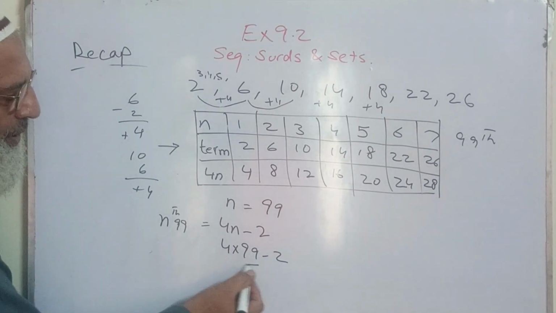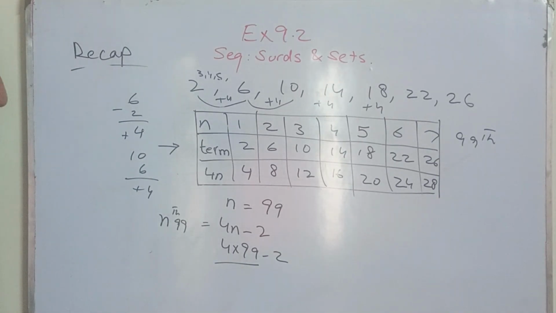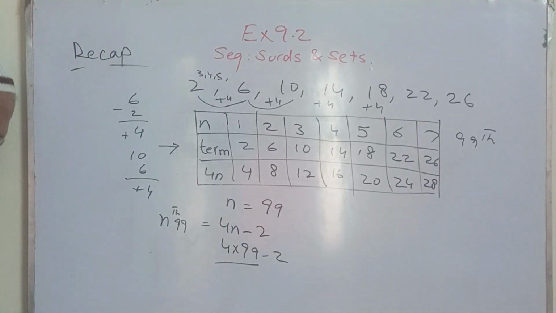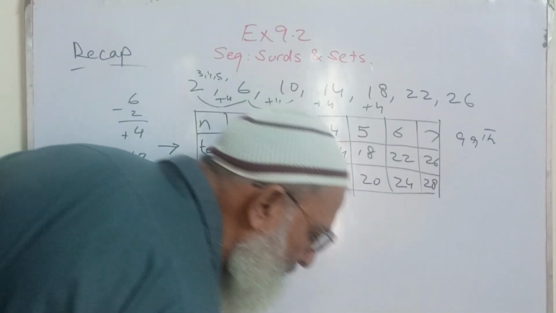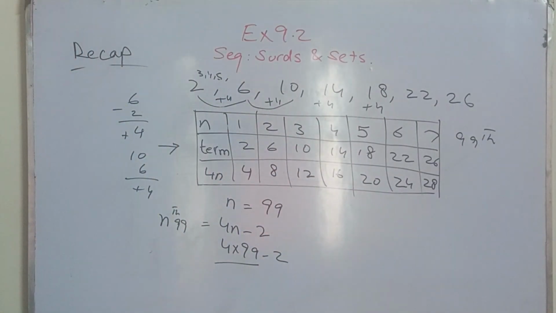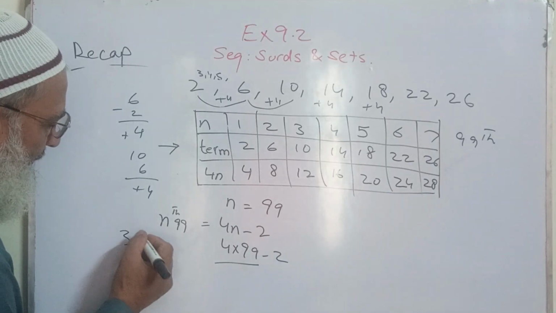According to the BODMAS rule, we have to multiply first. 4 multiplied by 99 is very simple. 4 multiplied by 99 is 400 minus 4, that is 396.